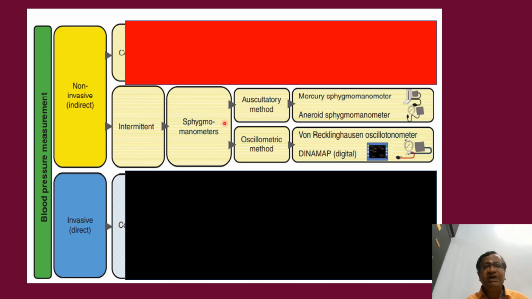Non-invasive intermittent methods are sphygmomanometers, the auscultatory method with mercury and aneroid, and oscillometric methods like the Dinamap and Walker-Klinghofen's oscillotonometers. Oscillometric, Dinamap, is what we use mostly.